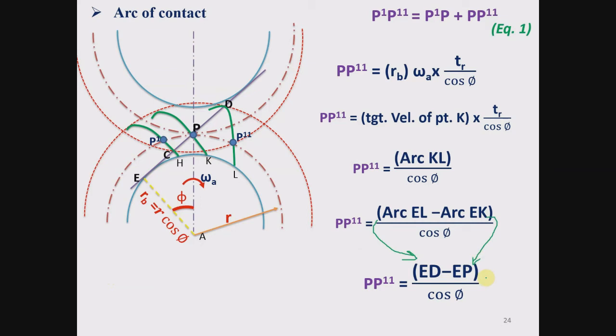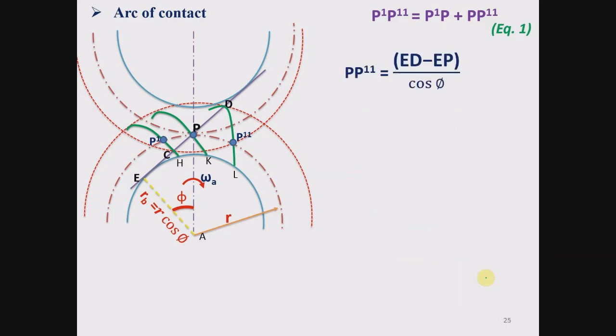Okay? You have to write this, okay? Whole of the derivation. Now, what we have written just now, distance P double dash is equals to ED minus EP upon cos of phi. Now, what is ED minus EP? Look at the pressure line or line of action EF. ED minus EP, okay?